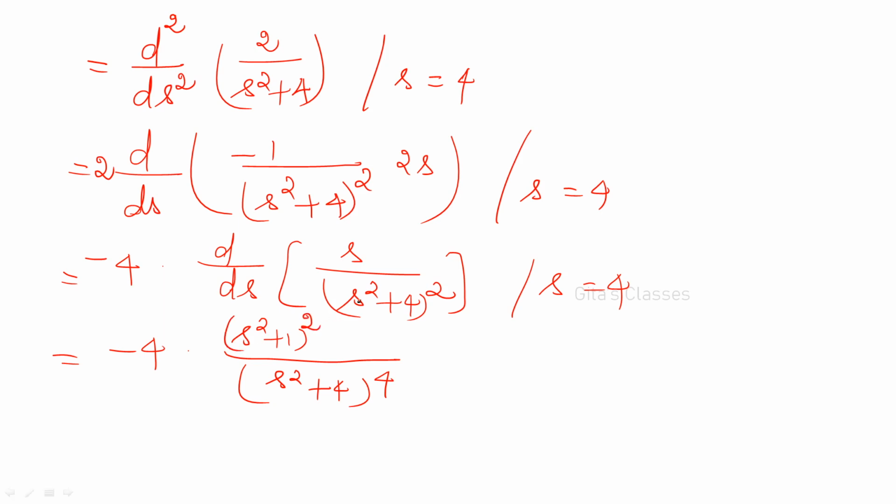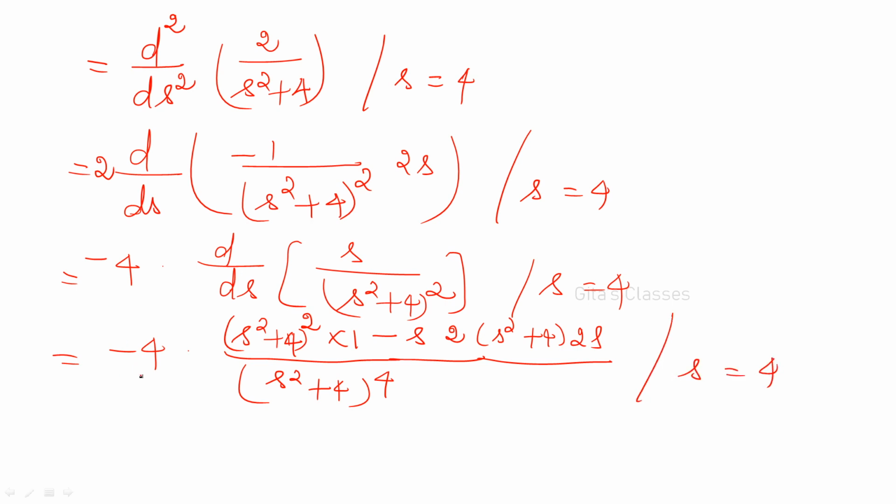So v into du, that is s squared plus 4 the whole squared into 1, minus s into, now differentiate this, so 2 into s squared plus 4 into 2s. You have in the denominator s squared plus 4 the whole squared. Okay. At the point s is equal to 4.